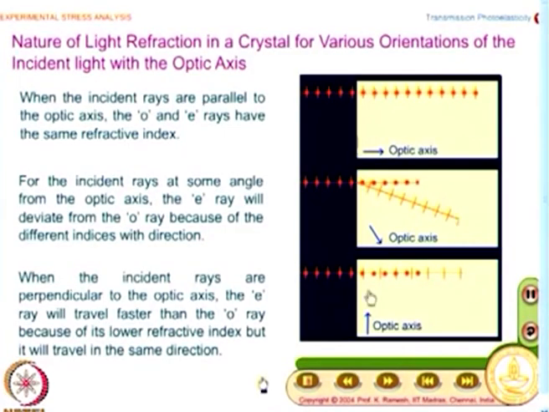So, within the crystal the two waves acquire a phase retardation. In fact, if you understand this aspect, photoelasticity is mastered. This is all you require for photoelasticity. There are many things you can understand from this slide.